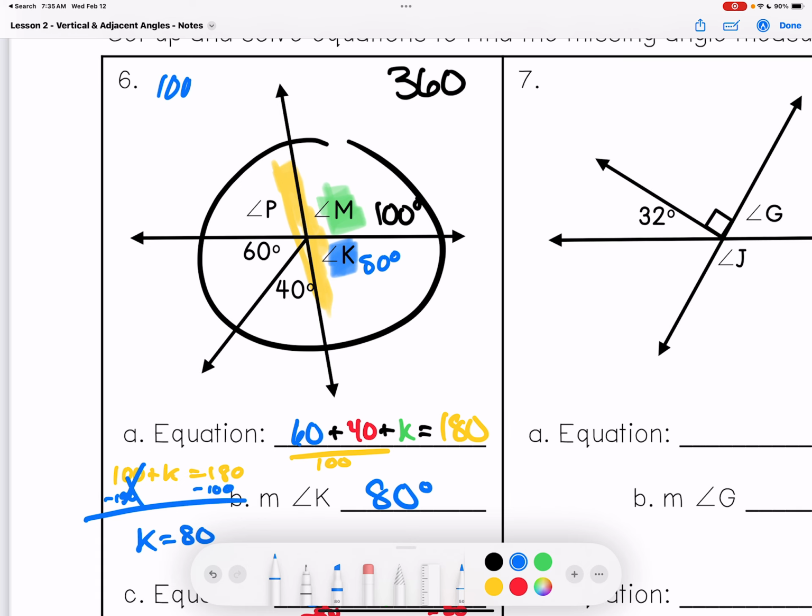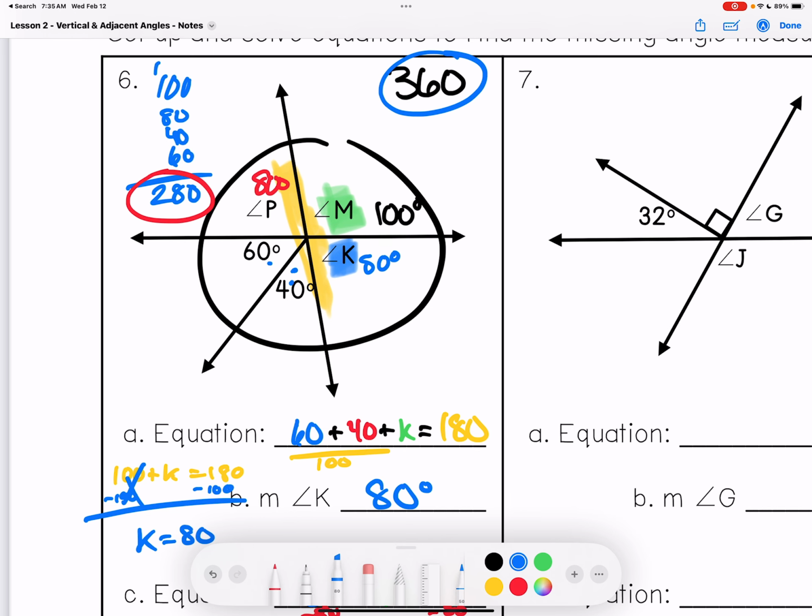M is 100, K is 80, whatever this one is 40, and then 60. Add all of those up and you get 280. So what is P going to be? If the whole circle's 360, everything else adds up to 280. What is left for P, 80 degrees.